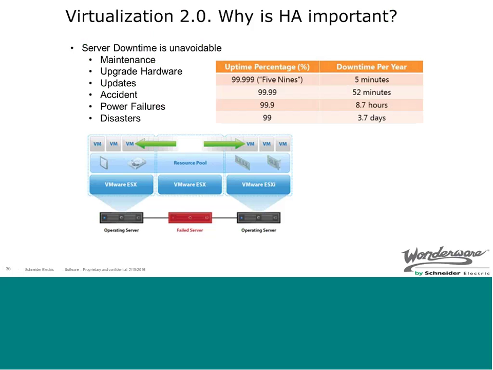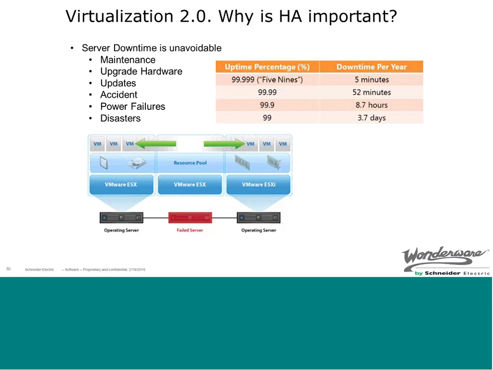A single physical box is eventually going to go down, whether it's for planned maintenance, and that's oftentimes more frequent than unplanned nowadays, so you need to plan to take a server down to do upgrades, whether it's a software update for the operating system or for the SCADA software, or you're doing hardware upgrades, or you're replacing old hardware, or you're adding more memory, and so on. If you have an accident or a power failure, the servers are going to go down eventually.